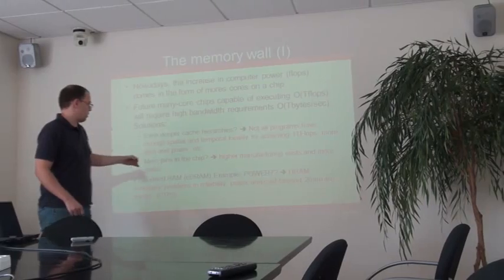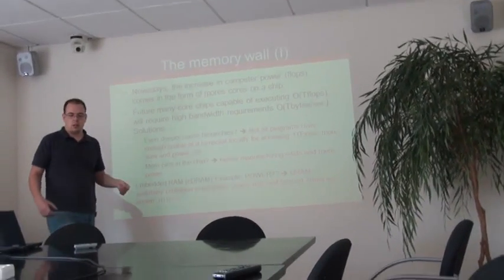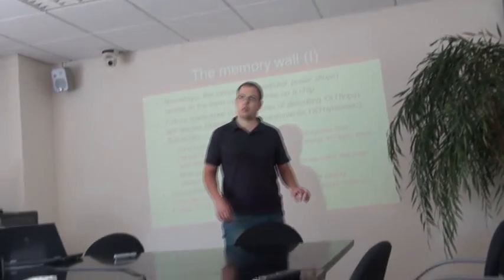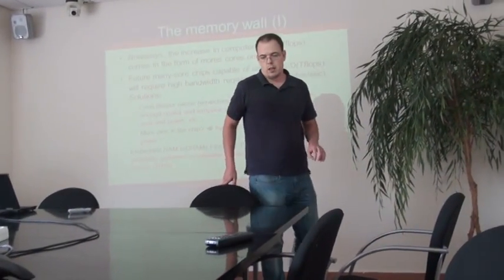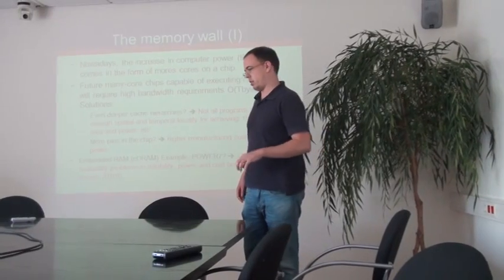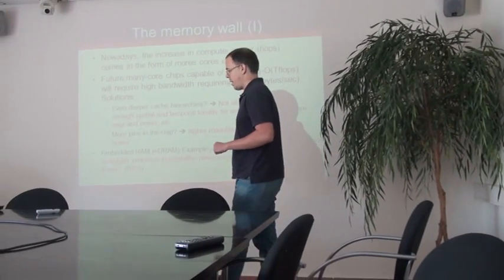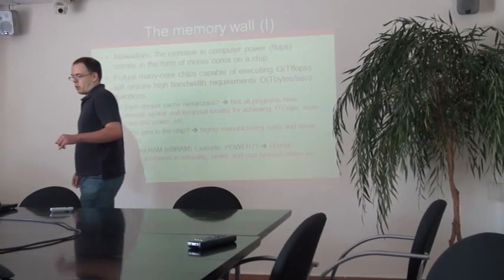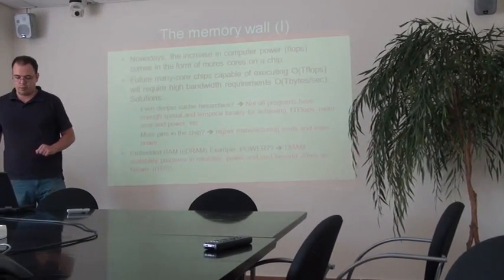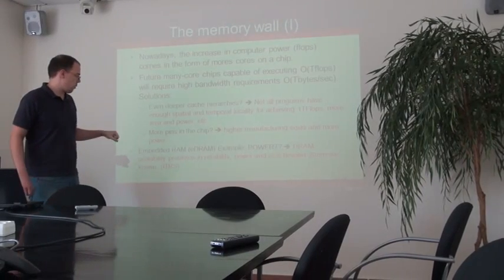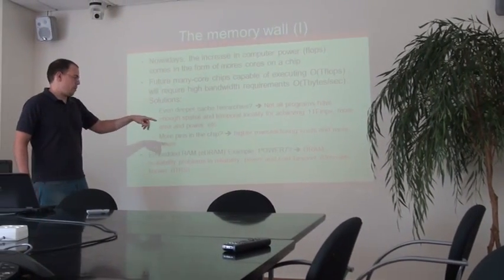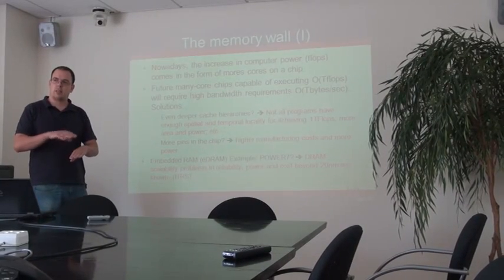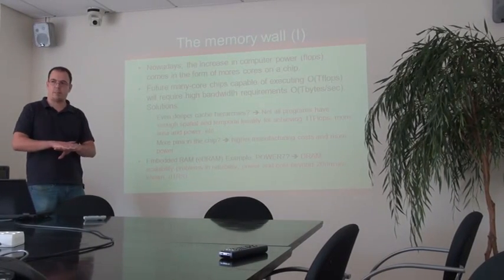Another solution is to add more pins to the chip, but this has the disadvantage that the complexity of the manufacturing process is higher, and the final cost of the chip increases. Another solution that some manufacturers like IBM with the Power 7 are taking is to stack a last-level cache implemented in DRAM on top of the chip.